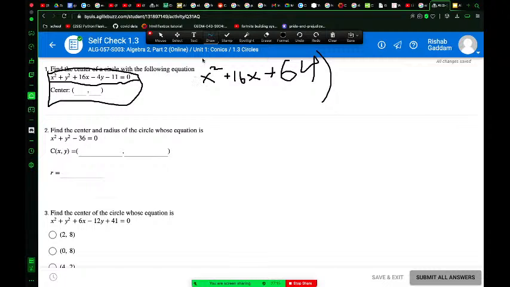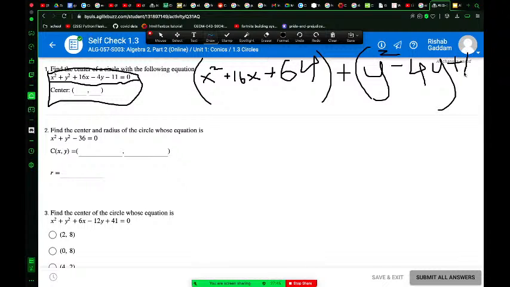So we can group this up like that. And we also have the y stuff: y squared minus 4y. We divide negative 4 by 2, which gives us negative 2. Negative 2 squared is 4, so we have plus 4 here.